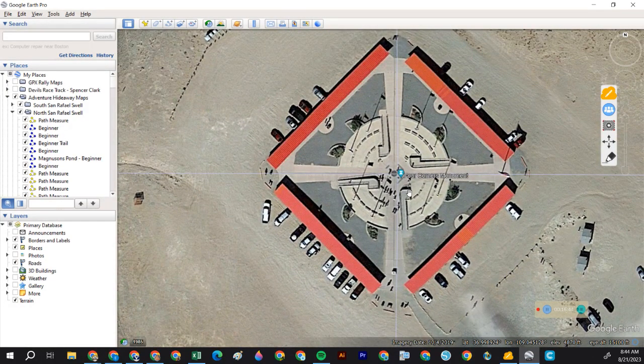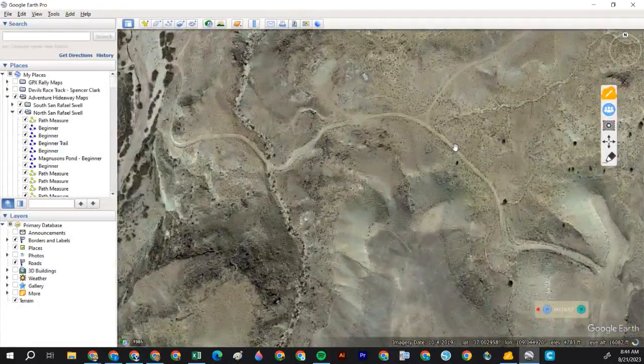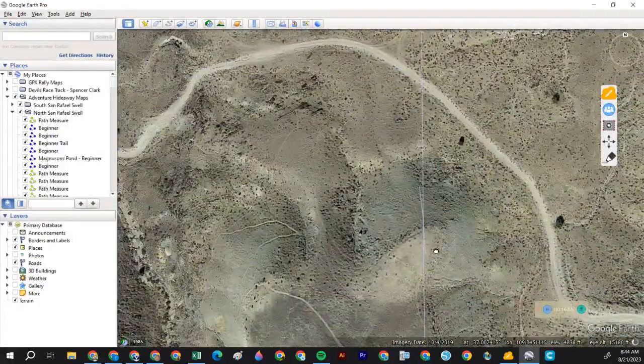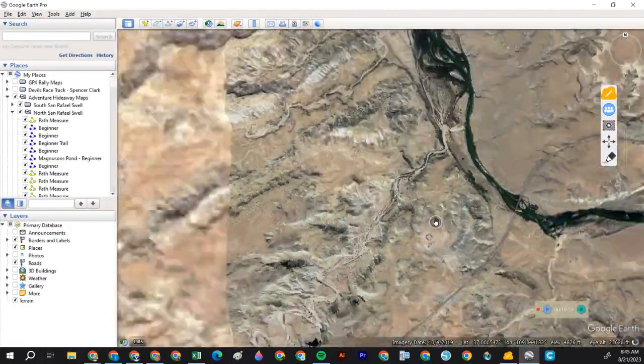When they got GPS going, they realized that they missed. Now, they were just doing this by hand before, and they got pretty close. So you can see up here, they had to kind of move the line a little bit.